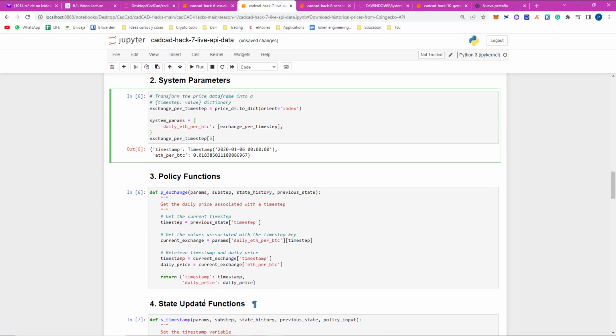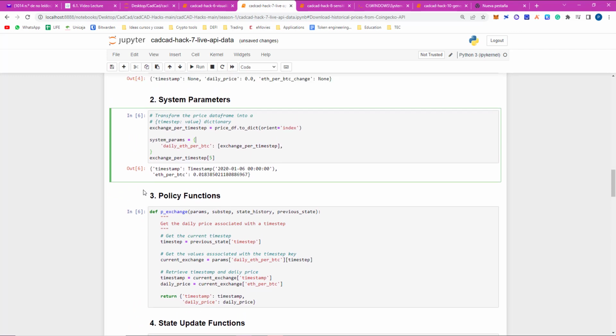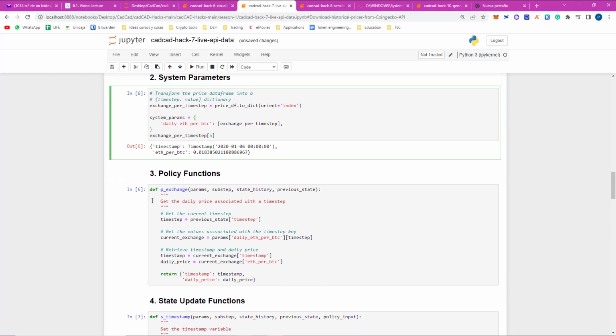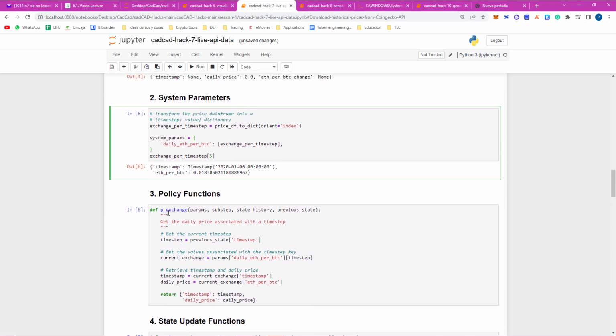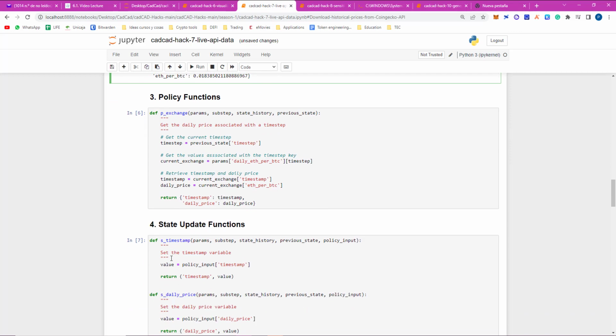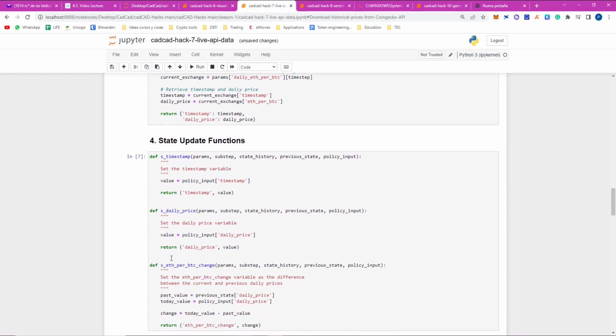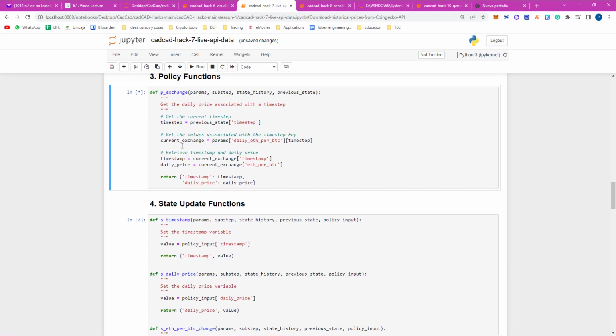So basically here, the only policy function there is is the price exchange. It checks in every substep what the price exchange is, and depending on it, that is going to change the state update functions. The price exchange is basically returning a timestamp with a daily price, a concrete daily price.